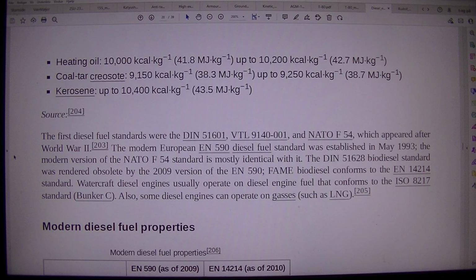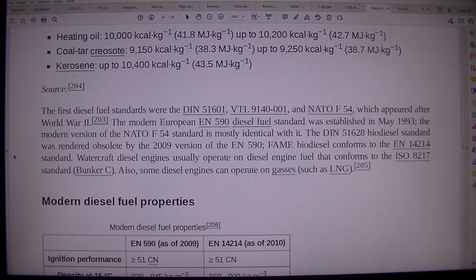Heating oil, 10,000 kcal/kg, 41.8 MJ/kg, up to 10,200 kcal/kg, 42.7 MJ/kg.